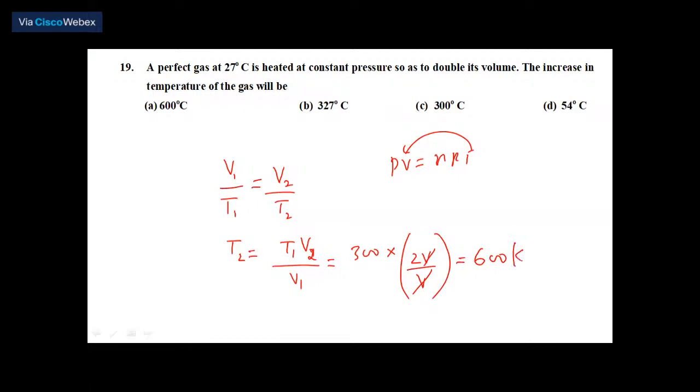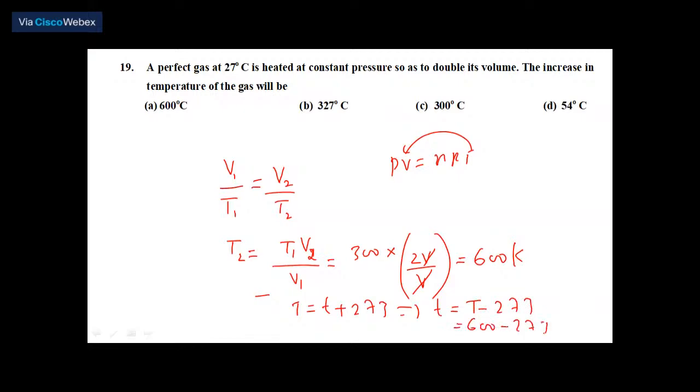But the answer is given in terms of degrees Celsius. You convert this into degrees Celsius. How much is the temperature? 600 Kelvins in degrees Celsius. Capital T is equal to small t plus 273, which implies small t is equal to capital T minus 273. That is 600 minus 273.